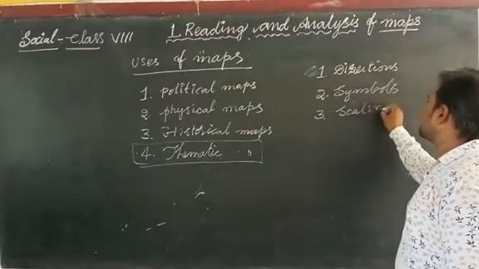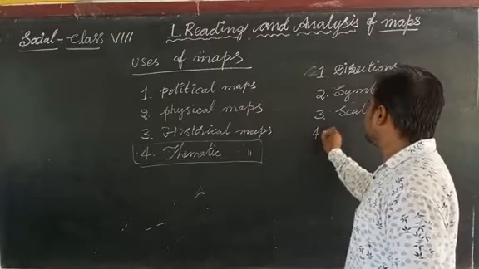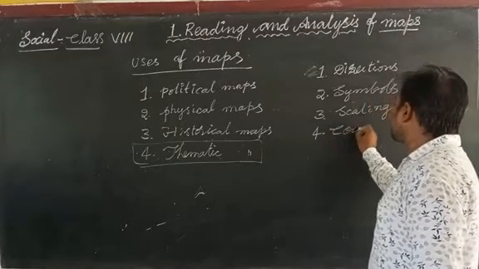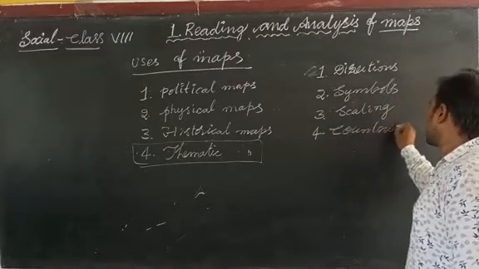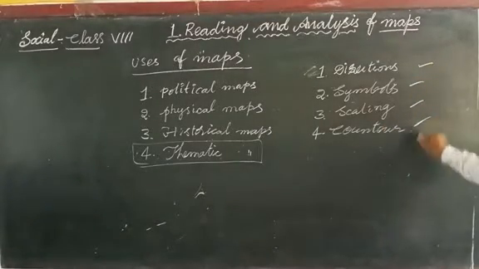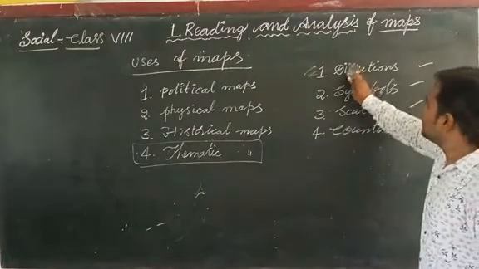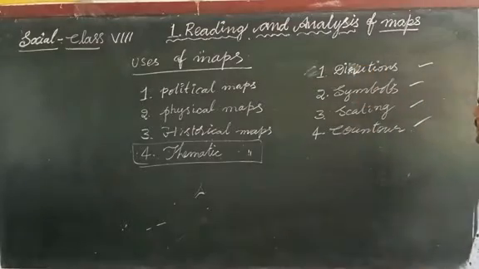To read these maps, we should know the scale and we should know about contour lines. These are the factors generally used to read the maps. With the help of these four types of factors, we can read the maps.